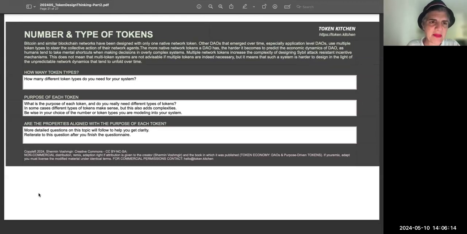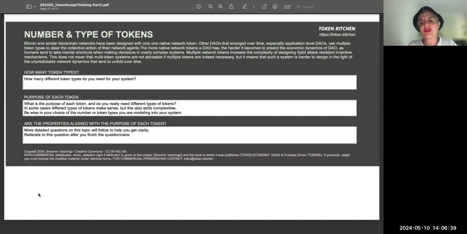But yeah, Bitcoin is a single token system, and it was already so hard and groundbreaking to create proof of work as the coordination mechanism, right? That was the revolutionary thing which made the transition from Web 2 to Web 3 potentially, right? Proof of work. 1 token, 1 coordination mechanism.